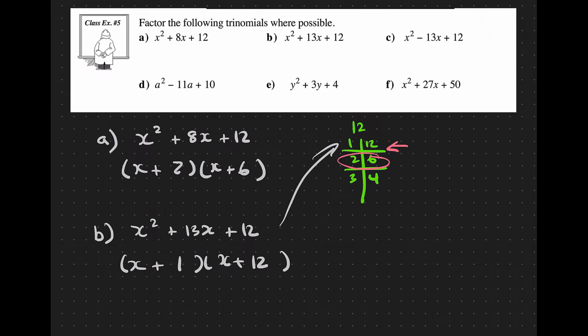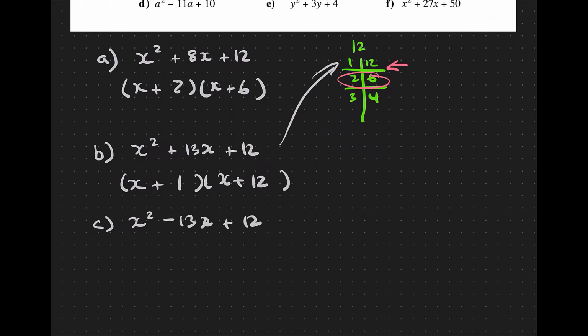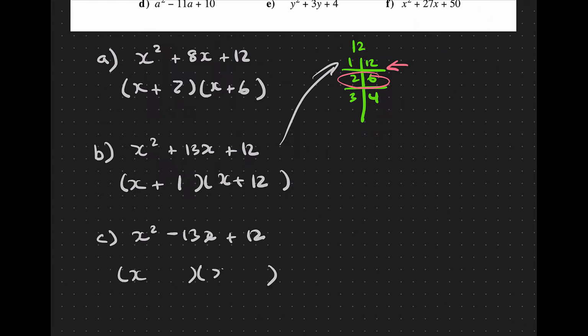Okay, so we're going to move on to example C, which says x squared minus 13x plus 12. It looks like we're just carrying on with the same product in all three of these examples. Again, we know we're going to get two binomials with x and x.